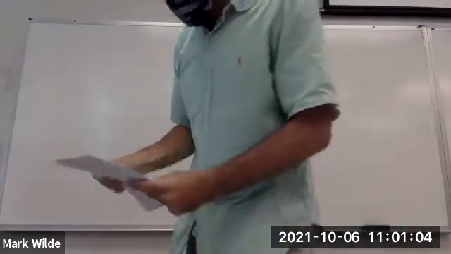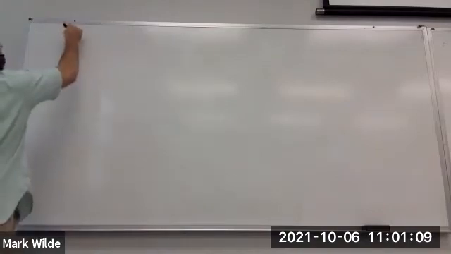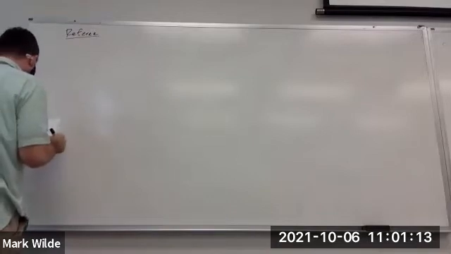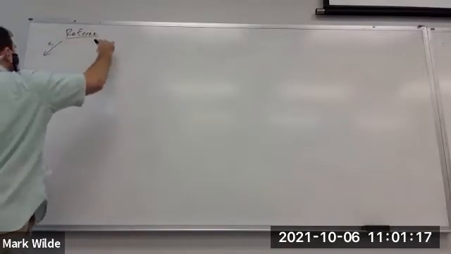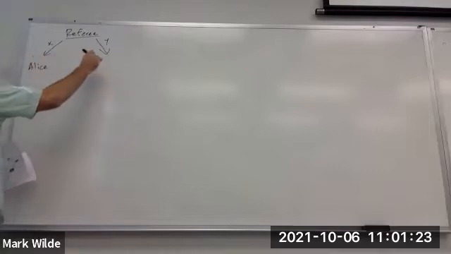So the game looks like this. There's a referee, and the referee picks 2 bits randomly, X and Y. That's the first part of the game.